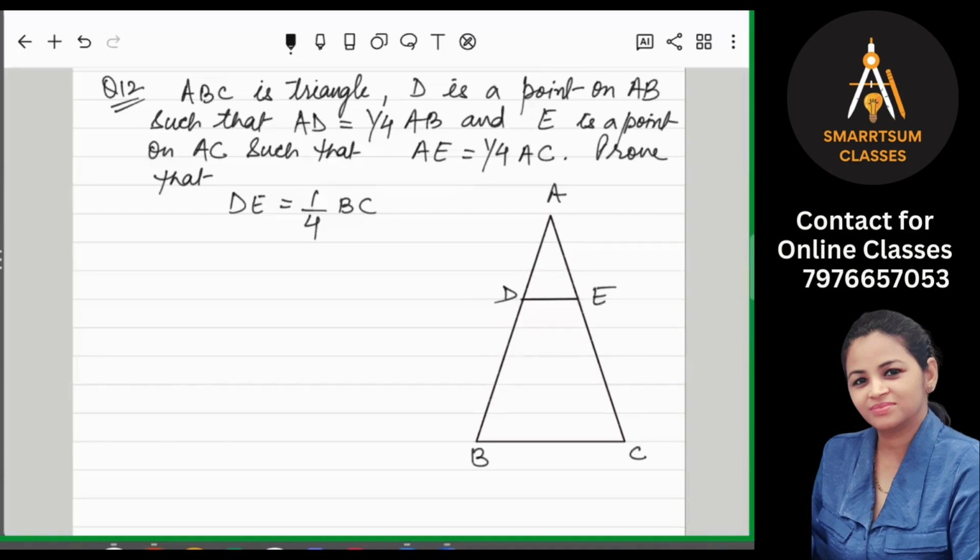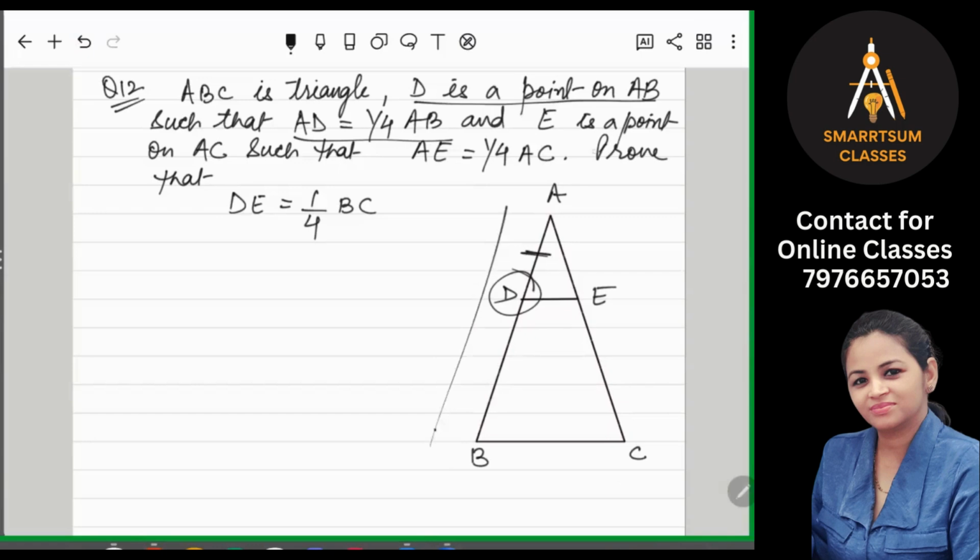Now look at this question number 12. Here, ABC is a triangle, as you can see in the figure, and D is a point on AB such that AD is equal to 1 by 4 AB, meaning this part is 1/4 of the whole length AB.